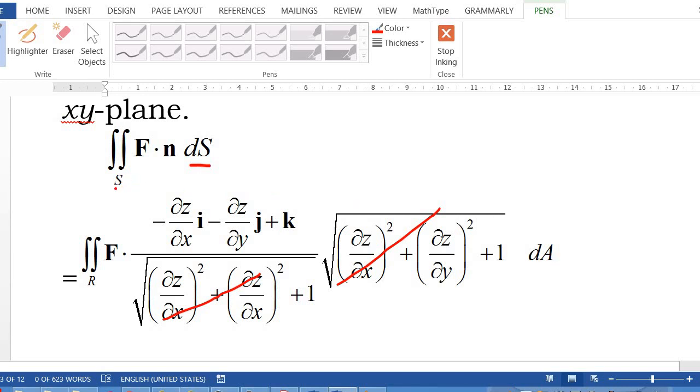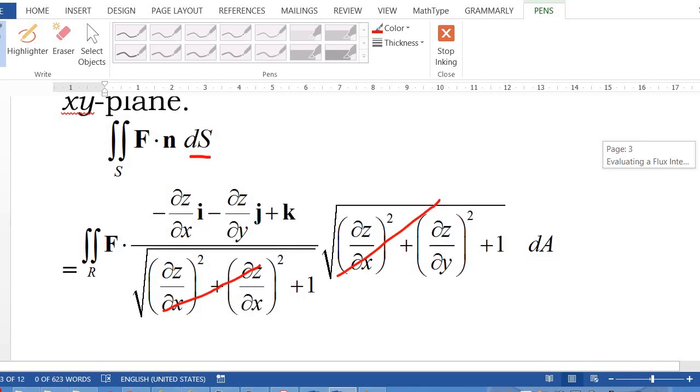Across surface S, you project it to become region R, and the two square roots cancel out.